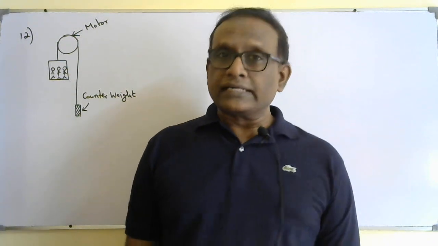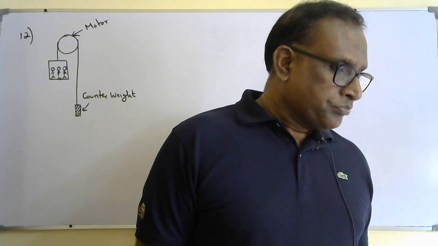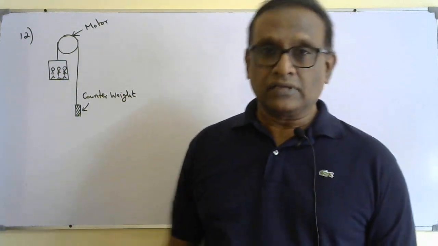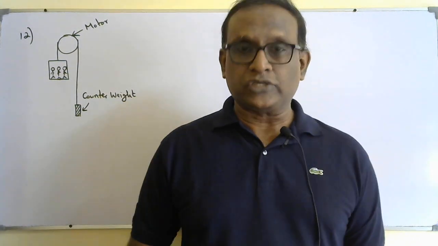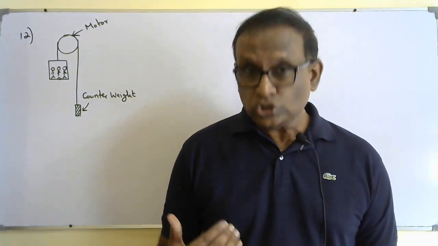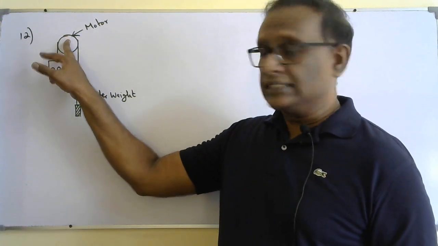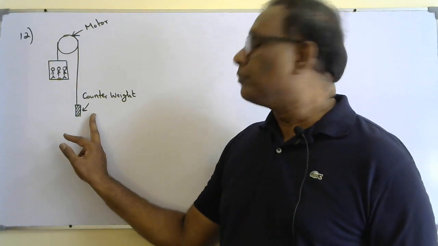So what will be the work done? Say for example, when it's moving at constant velocity, if the lift moves up at constant velocity, the lift is gaining gravitational potential energy. So gaining gravitational potential energy is due to both work done by the motor and loss in gravitational potential energy by the counterweight.